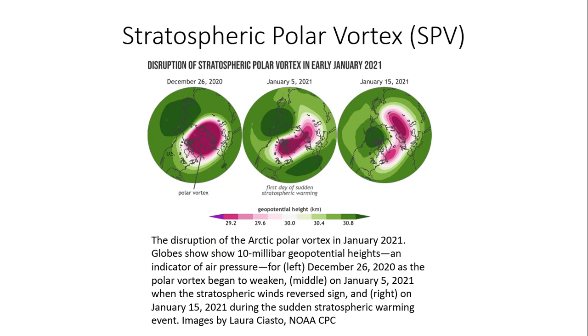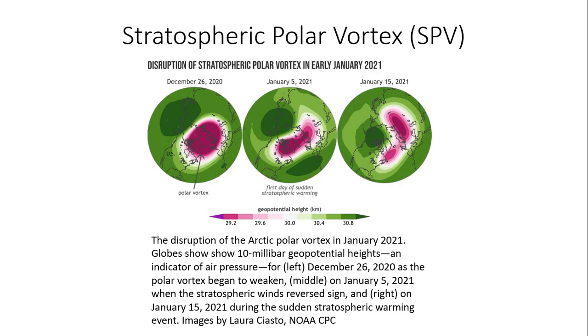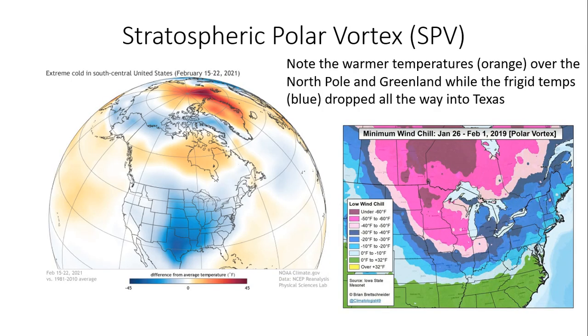Here's an example of the disruption of the stratospheric polar vortex in early January 2021. This preceded the deep freeze in Texas in February. These stratospheric polar vortex disruptions typically occur 30 to 40 days in advance of the sensible weather being impacted.